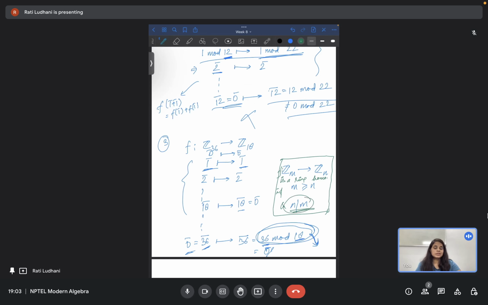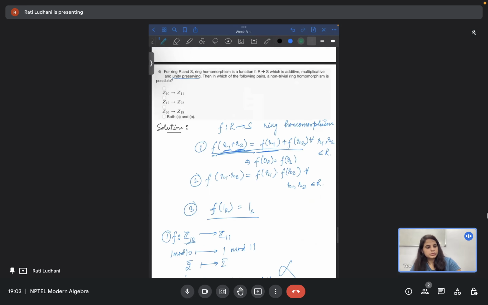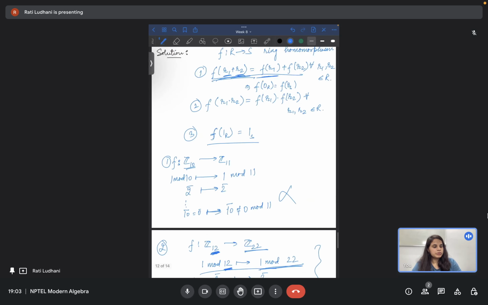So it clearly means n is less than or equal to m in integers, definitely. Okay, so from the question, this option is correct, and definitely not both A and B. Okay, so I'm done with my questions now.